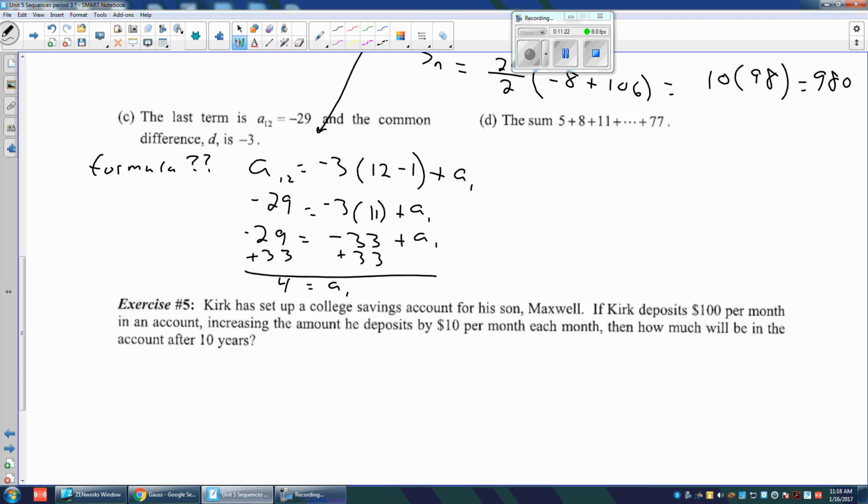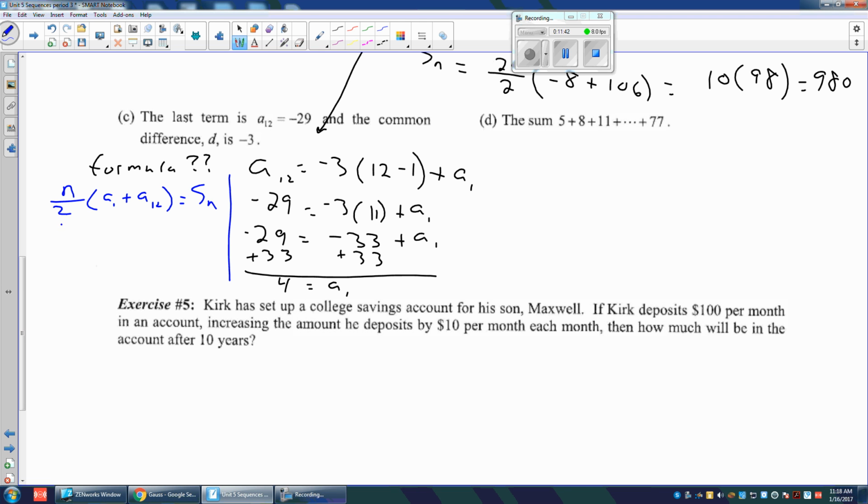Now we actually have to do the work. I hate it when you have to work from right to left. But we're going to do the number of terms divided by 2, and then the first number plus the last number, and that's going to be the sum.